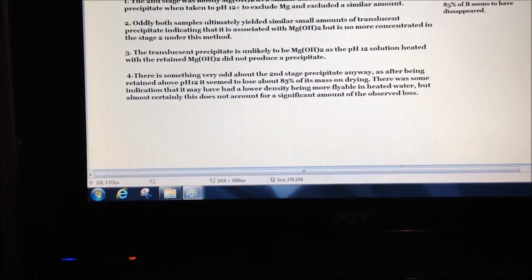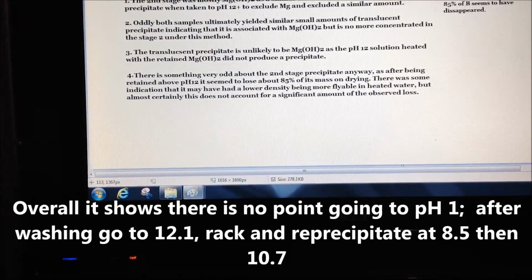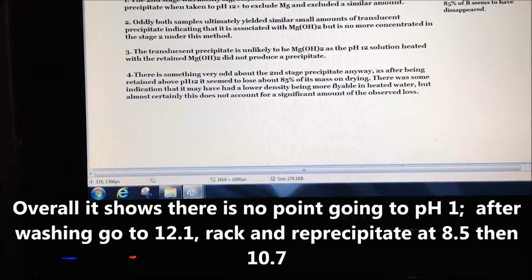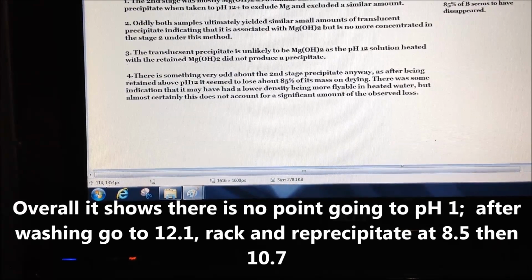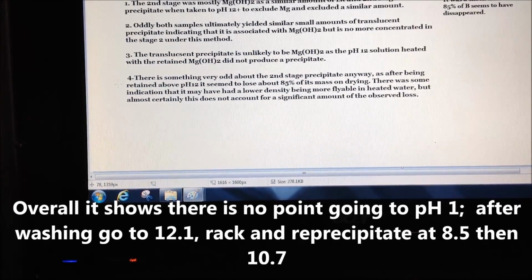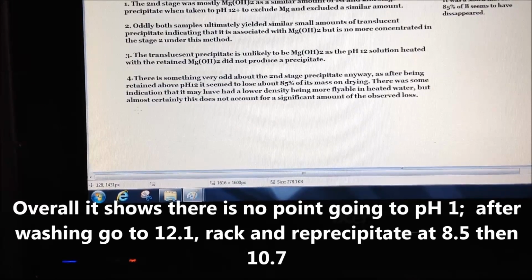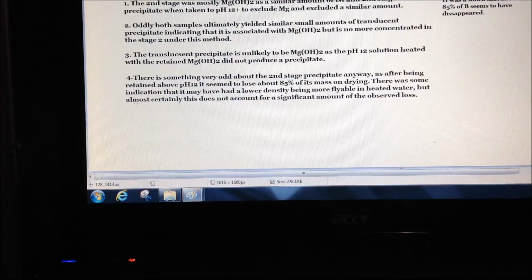But almost certainly, even if it was lower density, it's hardly going to account for the amount that we saw. So I can't account for it. I don't know what it is that we're missing, if it's something desirable and is now gone, why we didn't capture it, but it is an observation for somebody to consider. Well, that's it. Enjoy the video.